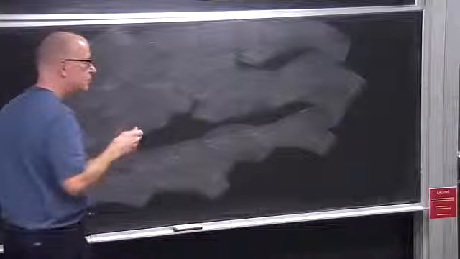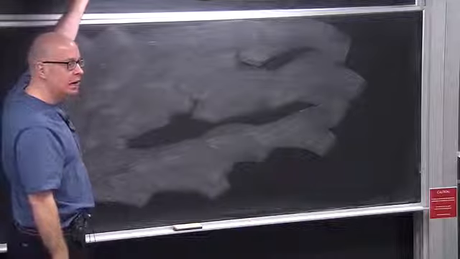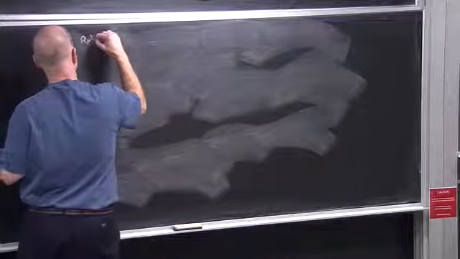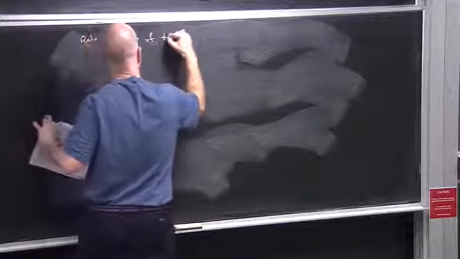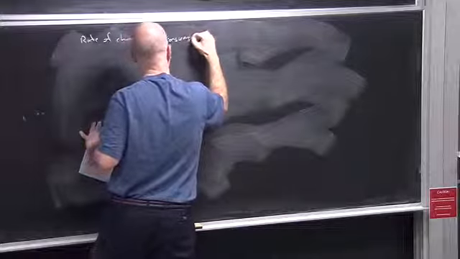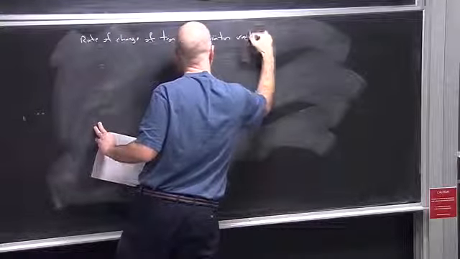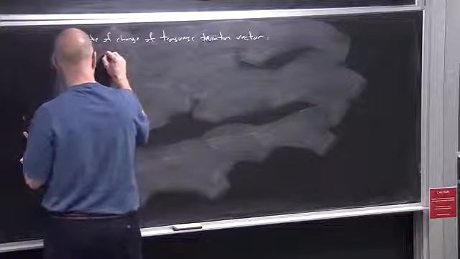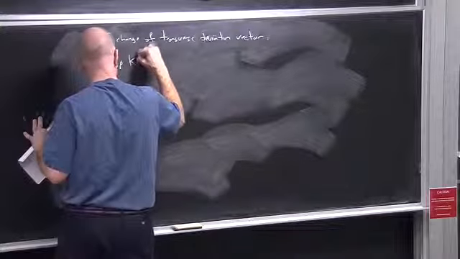The rate of change of that transverse deviation vector is the thing that I really want on the left-hand side of that equation. So we want to calculate the rate of change of the transverse deviation vector. And by that I mean take the transverse deviation vector and calculate its rate of change along k.